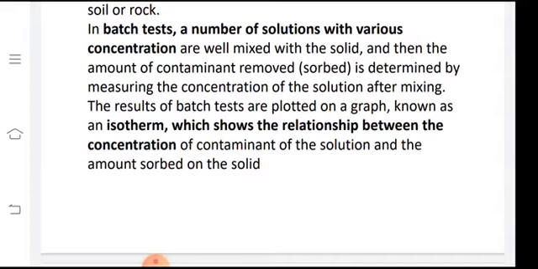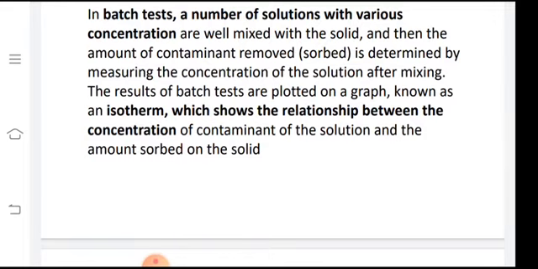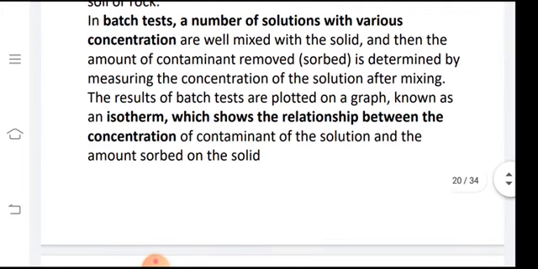After the centrifuge machine for about 48 hours, firstly we do it for 72 hours, and then we add more solvent, and mix it for 48 hours, and then we find out the concentration of the solute, how much is left in the solution and how much has partitioned. By the difference in the concentrations, we can find out how much contaminant or solute is going to be sorbed, and from this we can find out the KD value, the partitioning coefficient value.